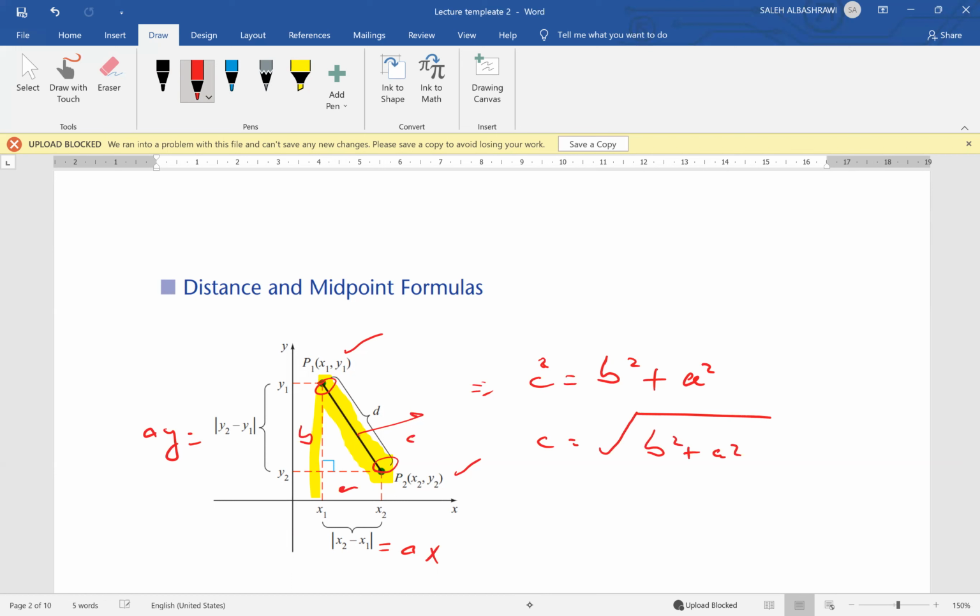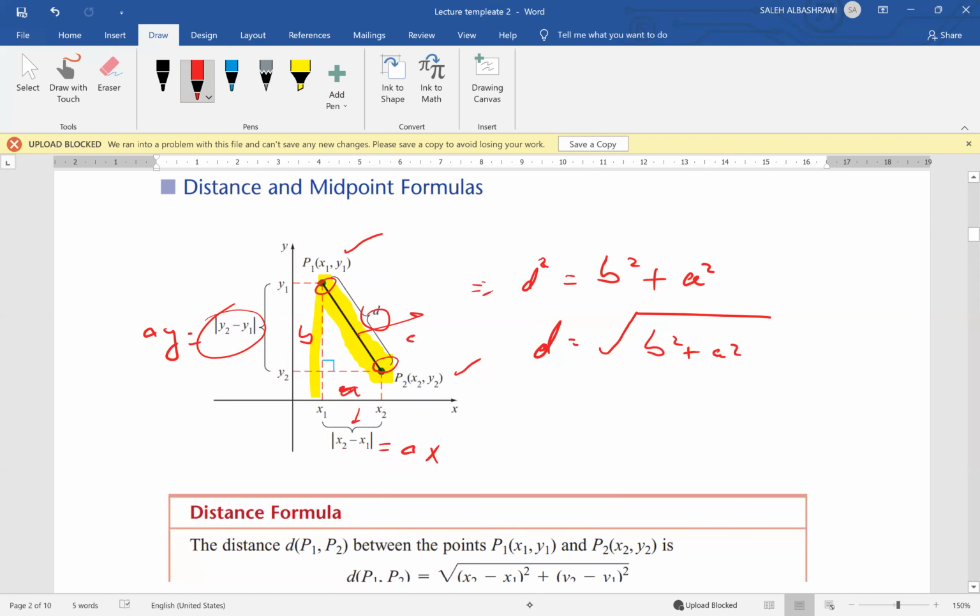Since it's given as D, I will use D now. So the distance now is given by square root of B square plus A square, and B is given by delta y, or y2 minus y1, and A is given by x2 minus x1.